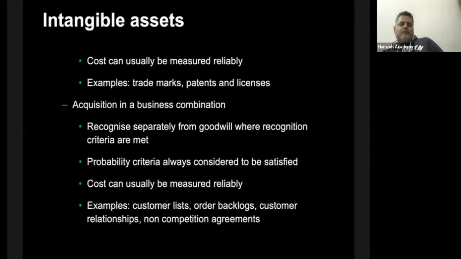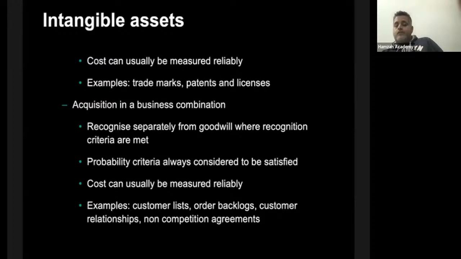Now, as these are externally acquired, there has been a transaction to acquire all these, right? And it is expected that the transaction is going to generate a future economic benefit as well.